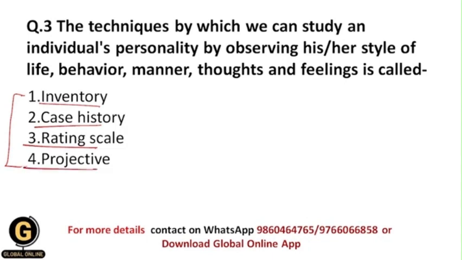Okay, so the correct answer to this question is 2, because the correct answer is case history. So case history includes all relevant information or material which is gathered about an individual, family, group, etc. And the common types of information included in case history are basic statistical data such as gender, name, like that.